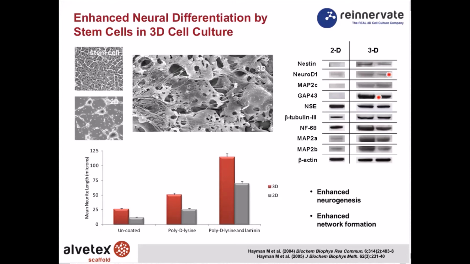All these data have been normalized to take into account differences in the amount of total protein and number of cells. So the conclusion is that growing cells in 3D leads to enhanced neurogenesis and enhanced network formation.